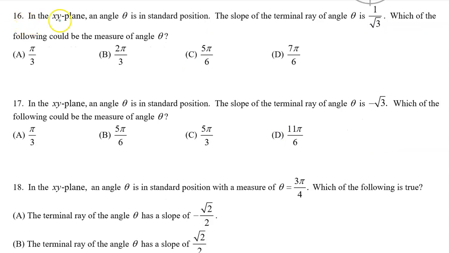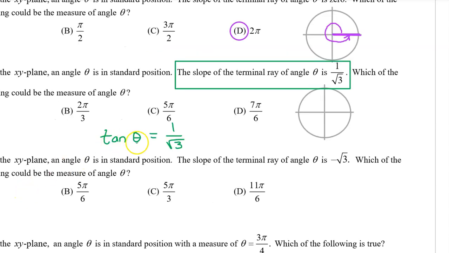Number 16. In the xy plane, an angle theta is in standard position. The slope of the terminal ray of angle theta is 1 over radical 3. Which of the following could be the measure of angle theta? Tangent theta is equivalent to the slope of the terminal ray of angle theta.